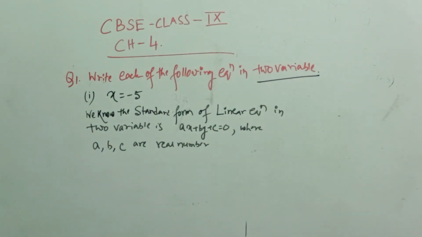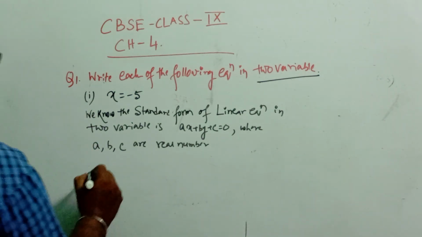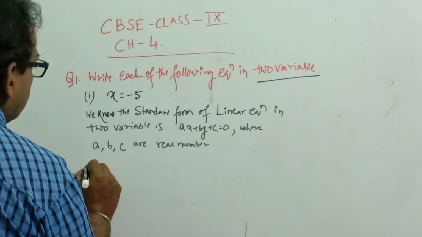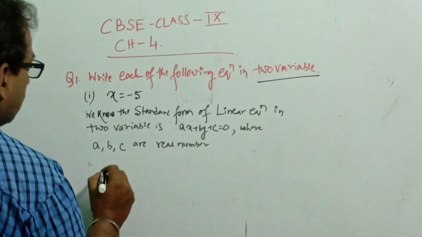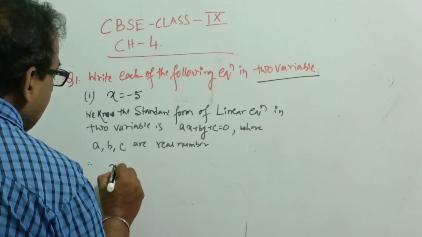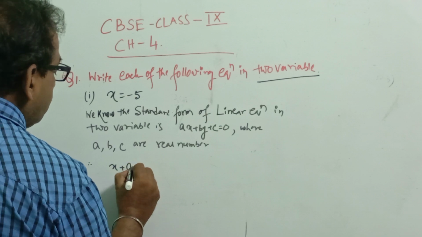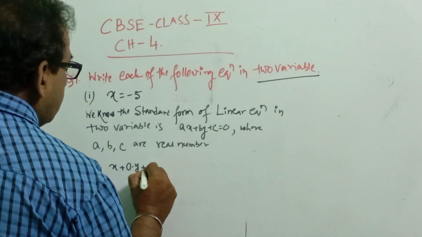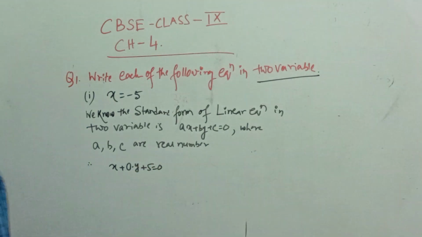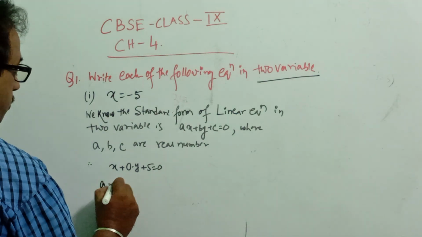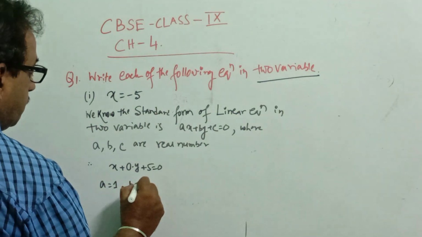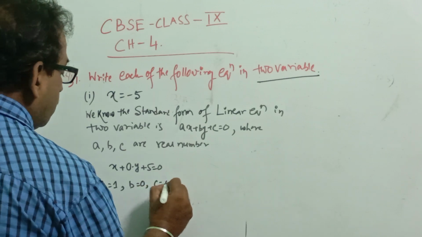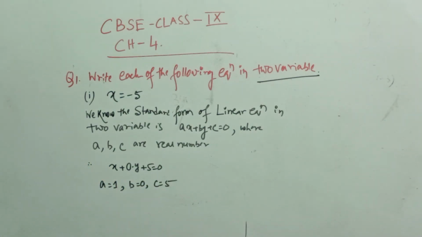You have to write this. Now this is x, so therefore, how can we write that? x plus 0 into y, now this 5 is coming to the left side, that is plus 5 is equal to 0. Now the standard form has come. Now a is equal to 1, b is equal to 0, c is equal to 5.